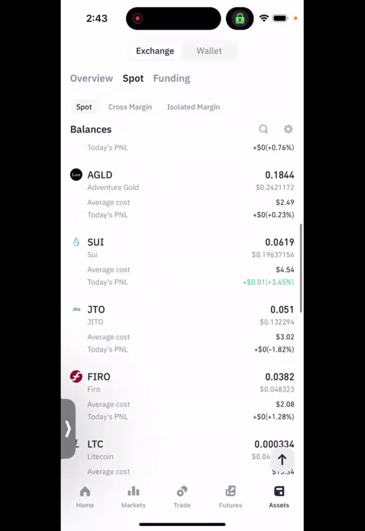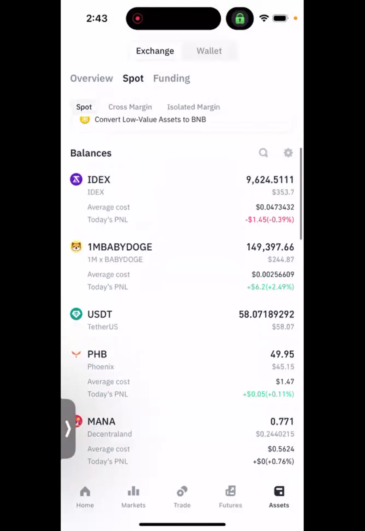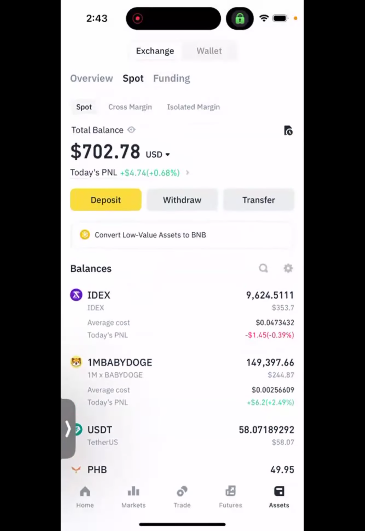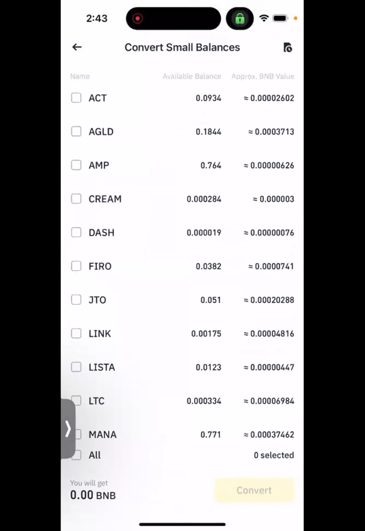Okay, scroll up. Keep scrolling. Now you would see under the deposit button, convert low value assets to BNB. Please tap on that. Then among all these coins, you said you can identify the ones you are trading, because if you're already trading a coin and you convert it, when the robot sells it for you, it will say abnormal operation.